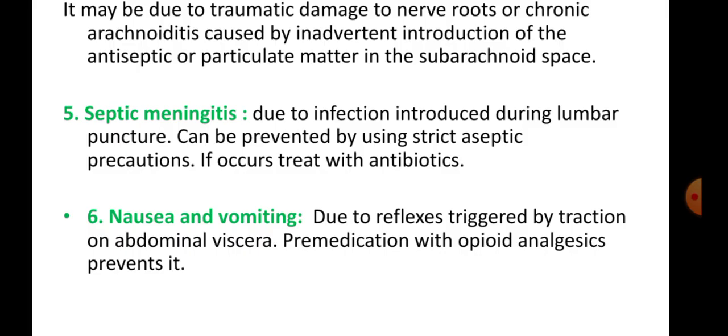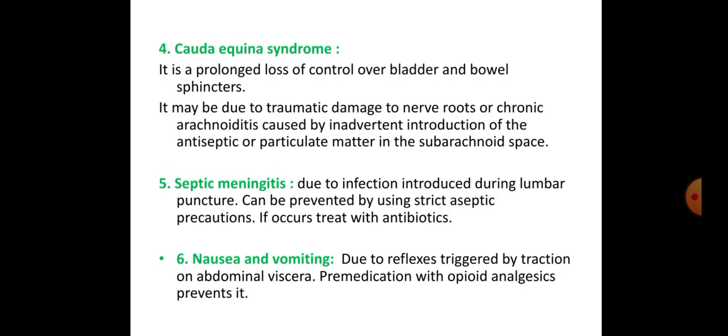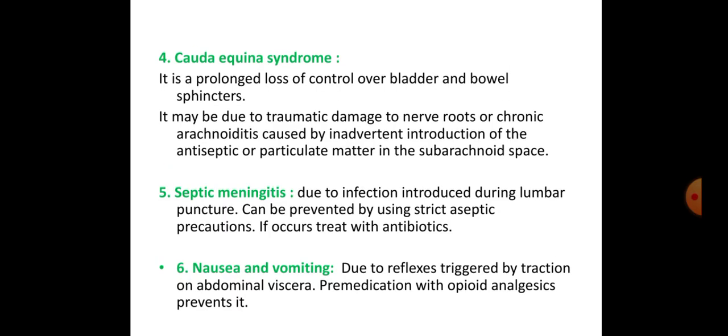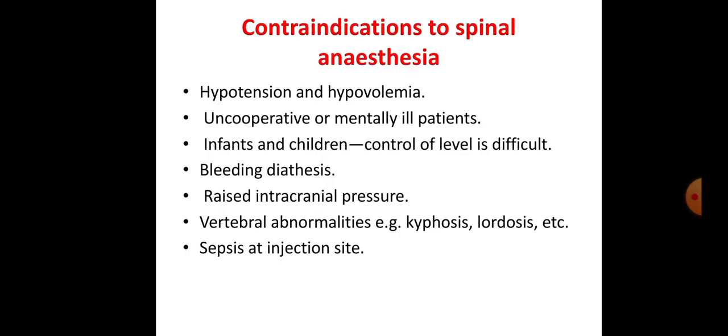We can prevent it by pre-medication with opioid analgesics, and also proton pump inhibitors or antiemetic drugs can be given as pre-medication, or as post-medication if the complication occurs. So overall, these are the main complications of spinal anesthesia.